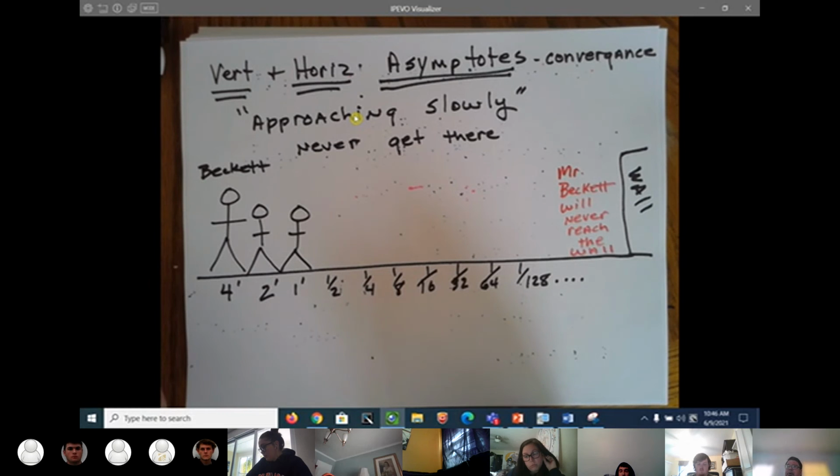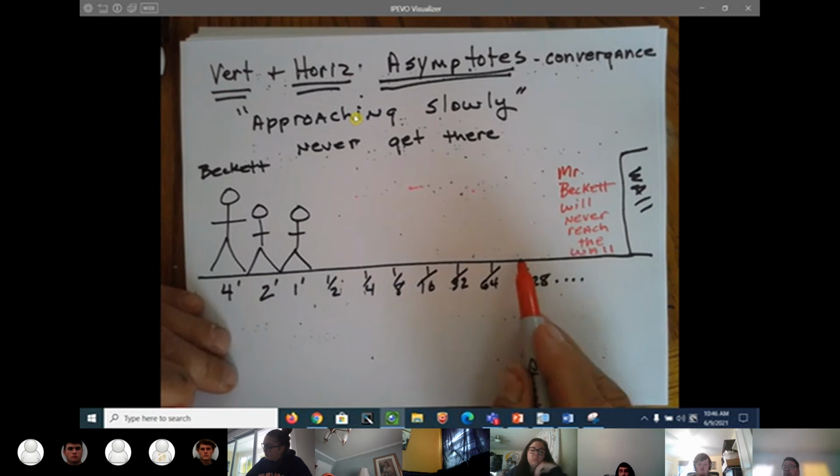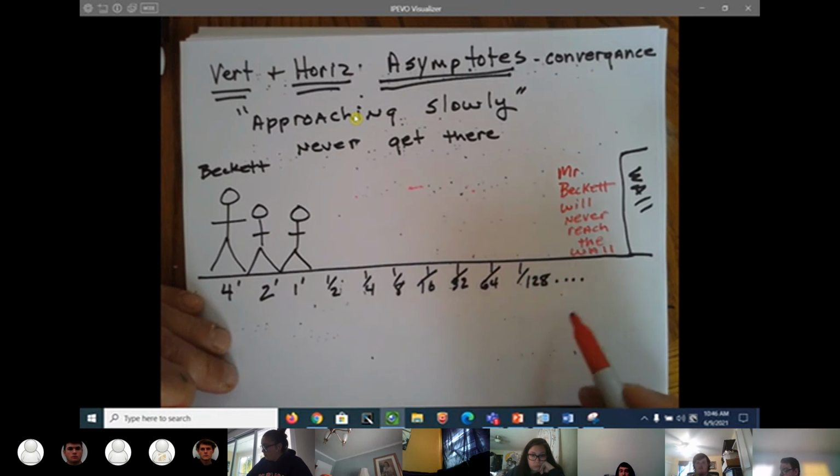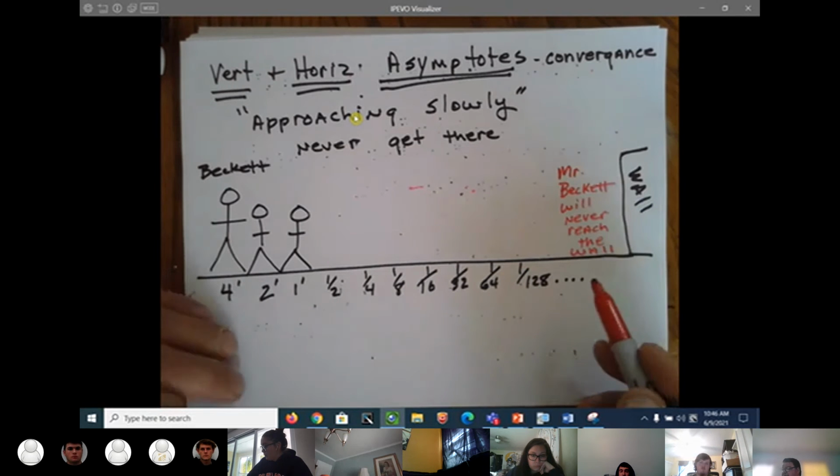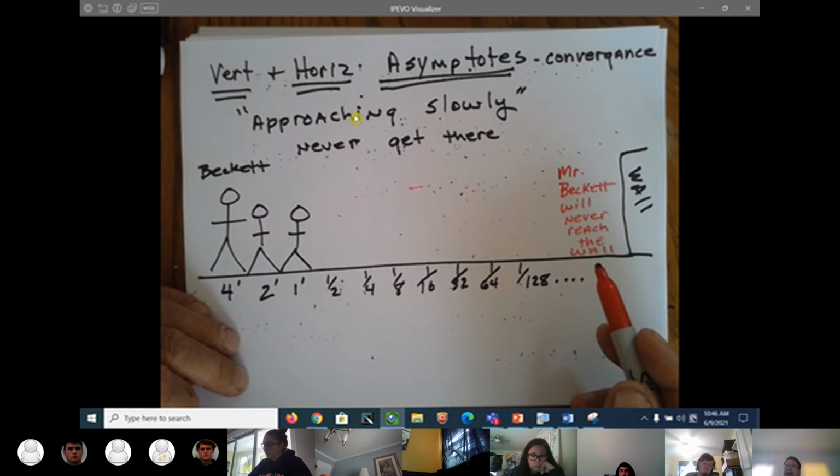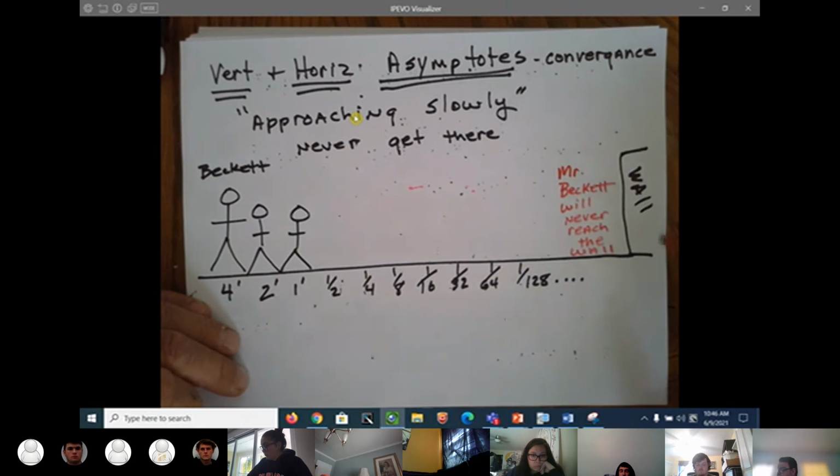At one point, Mr. Beckett is going to get to where he can't move because he can't take a 1/256th of a step. But mathematically, will he ever reach the wall? No. He will get within the width of a hair, but he will never, ever get to the wall. Does everybody understand that?